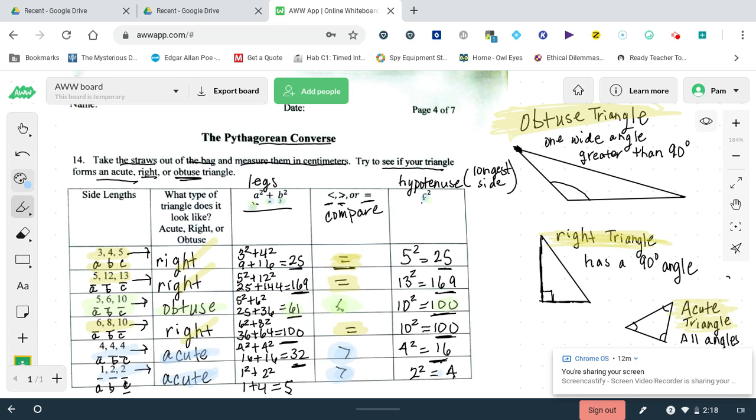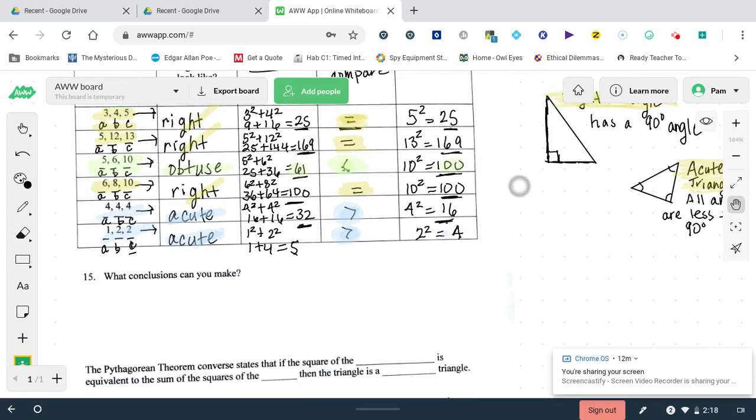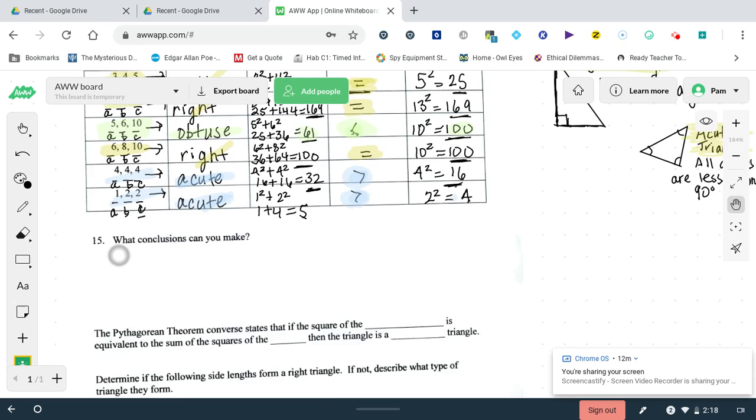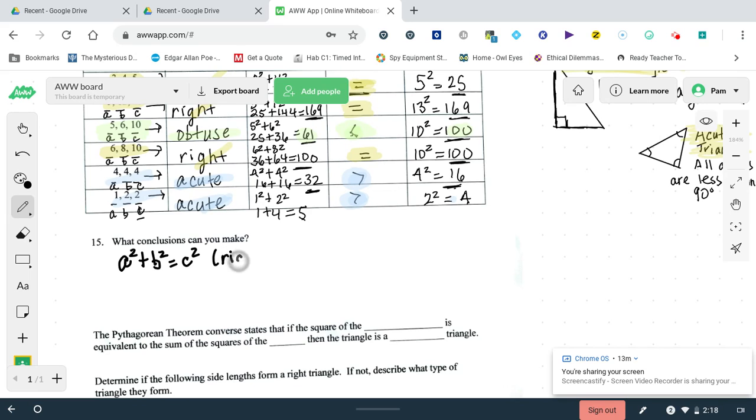All right, so I'm going to get rid of this pen with that marker and move this up. And we're just going to state what we have again. So what conclusions could we make? Well, our conclusions were when A squared plus B squared equals C squared, it proved that it is a right triangle.